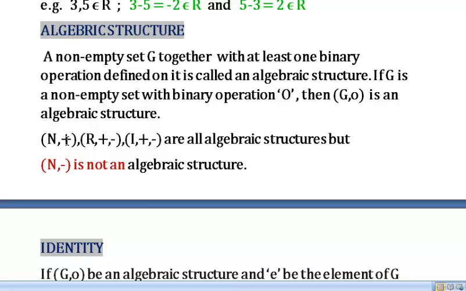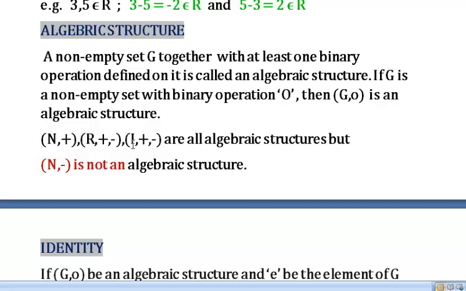We have seen plus is defined as a binary operation for the set of natural numbers. Plus and difference both are defined as a binary operation for the set of real numbers, since the sum of two real numbers is always a real number and difference of two real numbers is also a real number.